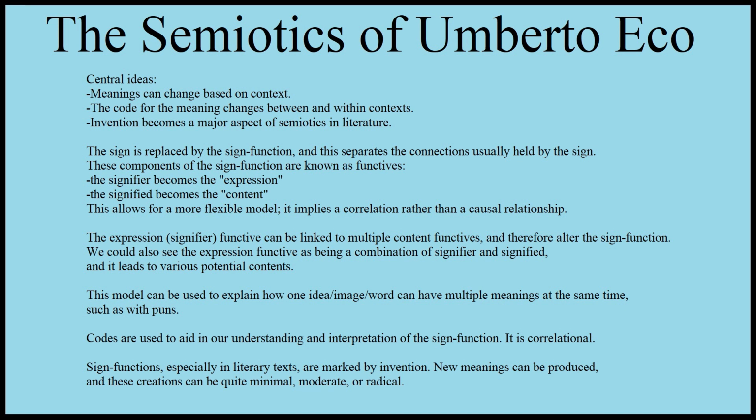It can change its meaning based on the context in which it is situated, which also means that the relationship between the expression and the content, or between signifier and signified, is correlational. It is not causal. There isn't a causal one-to-one relationship between the two, because it can be disconnected, it can be changed, it can be altered to become something else.